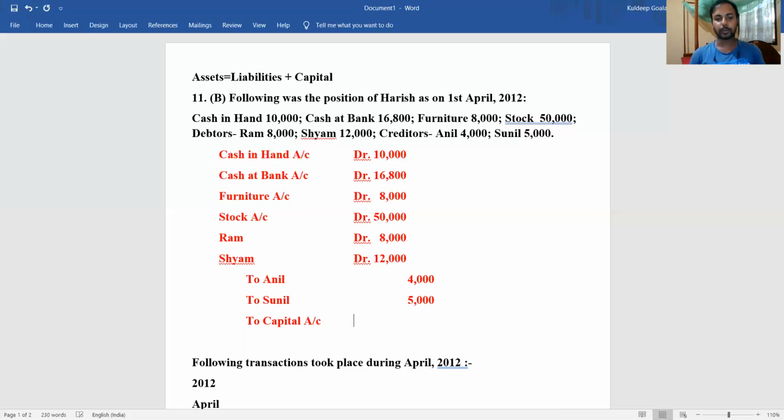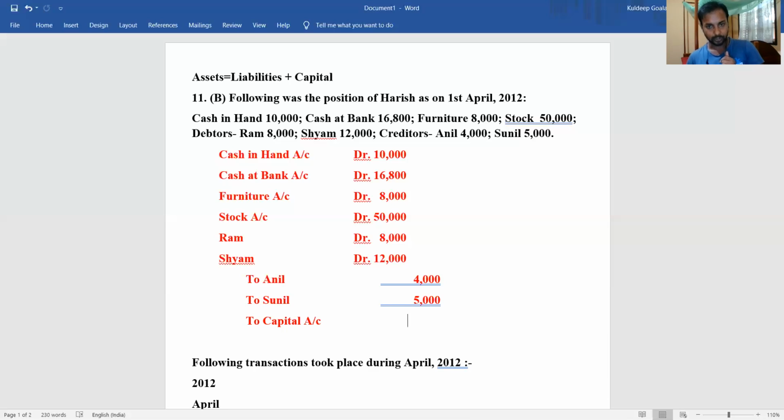Okay, now what is the capital account? You just find it out. How will you find out? By finding the total of the debit side and then deducting the credit balance. So the total of debit side, it is how much? 10,000 plus 16,800 is 26,800. Then 8,000 will be included. It is coming 34,800.